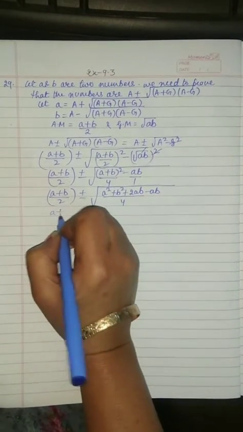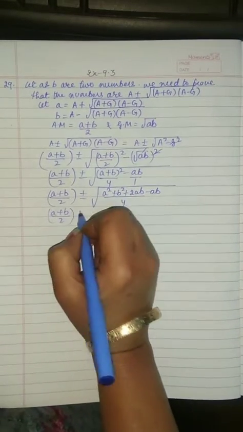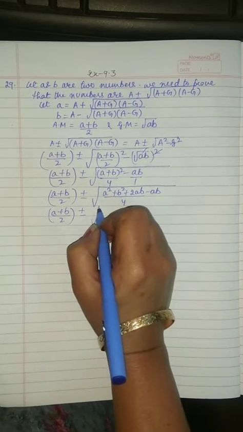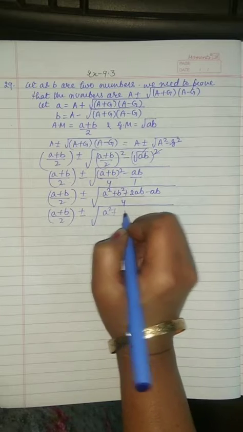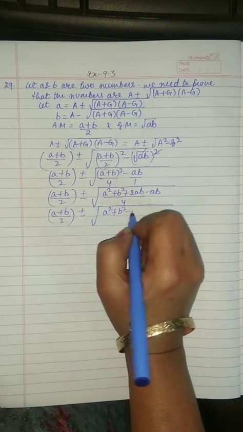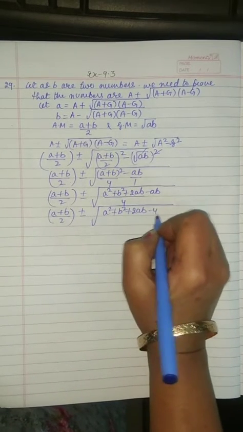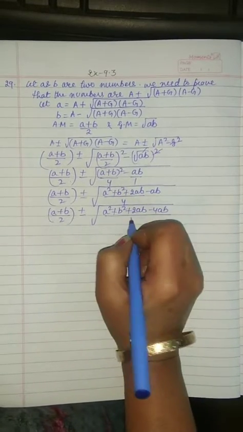Now again simplifying, we will get a plus b plus minus under root (a square plus b square plus 2ab minus 4ab), taking LCM.